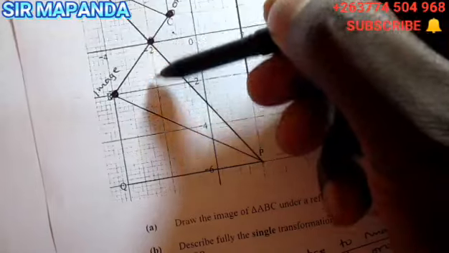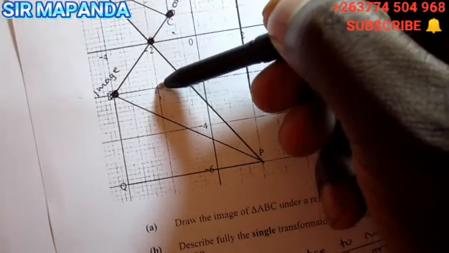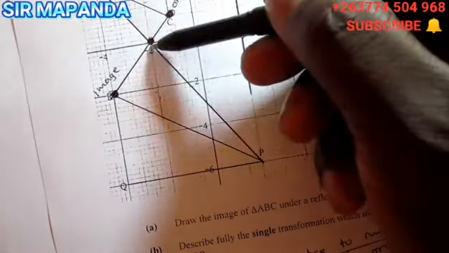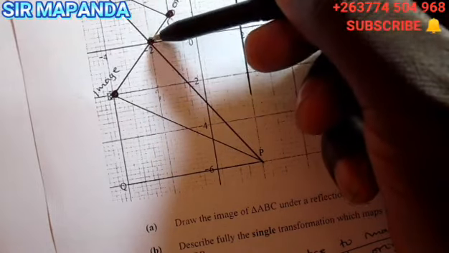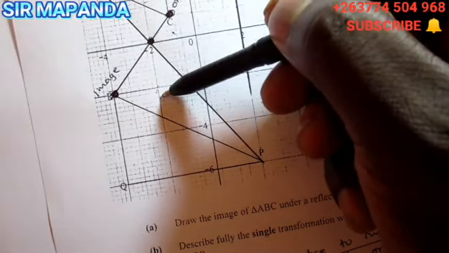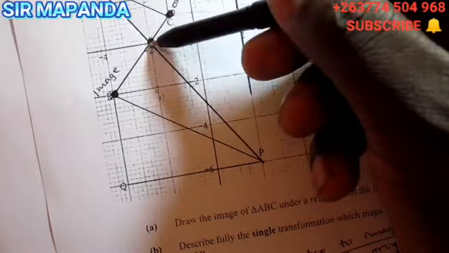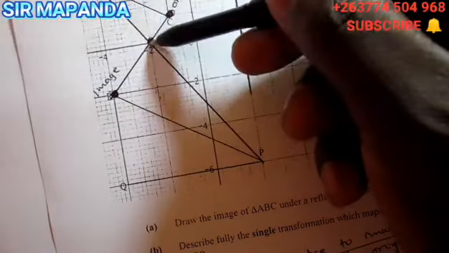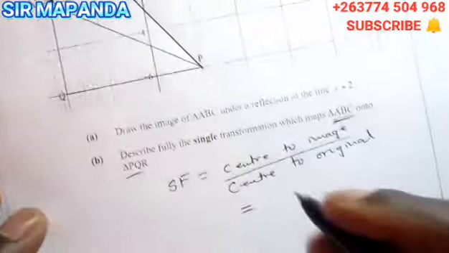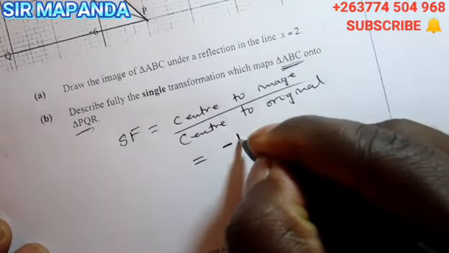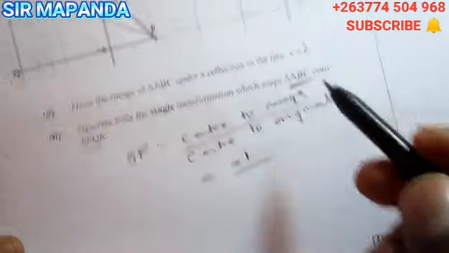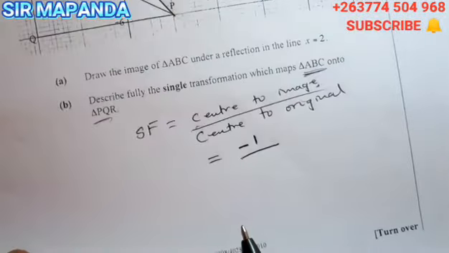We have 1 full box downwards to be at the same level with this image point. Downwards means negative. So if you count your boxes downwards, you put a negative sign. If you count your boxes upwards, you put a positive sign. So we have 1 box downwards. Hence, I'm going to write -1 as the center to the image. I hope you are listening, class.